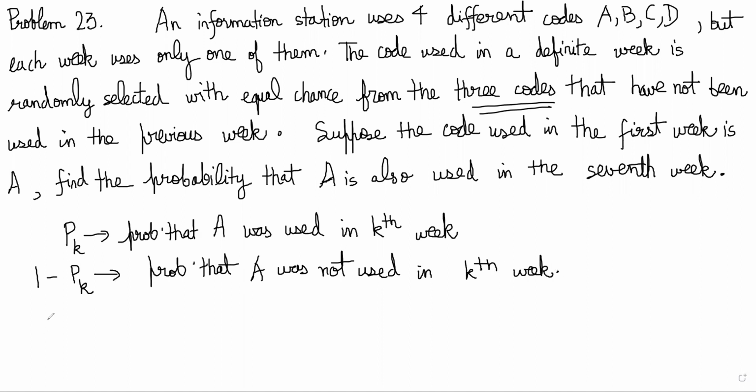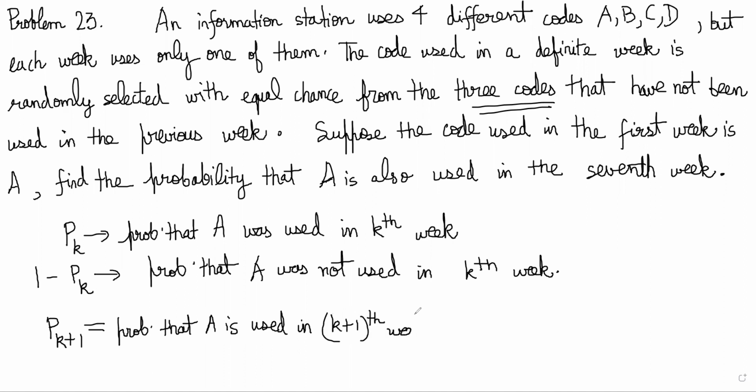Now, let's think about how to make Pk plus 1. What is the probability that A is used in the k plus 1th week? If we try to think of this, we immediately realize that if A has to be used in the k plus 1th week, then A cannot be used in the kth week.